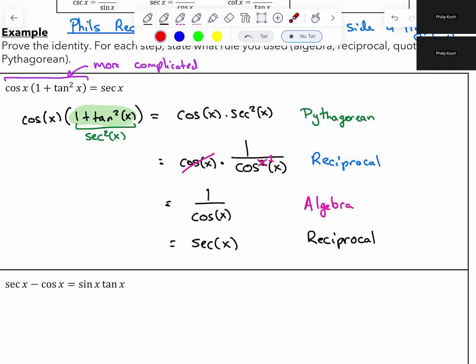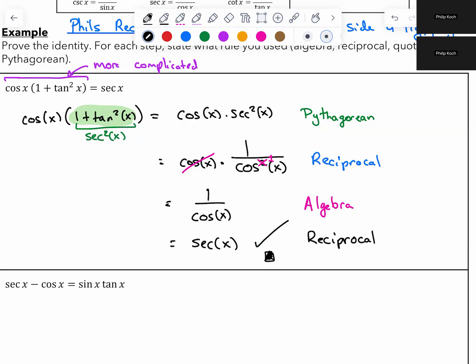We know what 1 over cosine is. So why rewrite it? You know that this is 1 over cosine, so that equals secant. That's fine with me. Just remember to appeal to the average student in your class. If you think it wouldn't make sense unless you included the step, include the step. And then we get to put a big check mark or a black box or a QED, whatever you want to do.